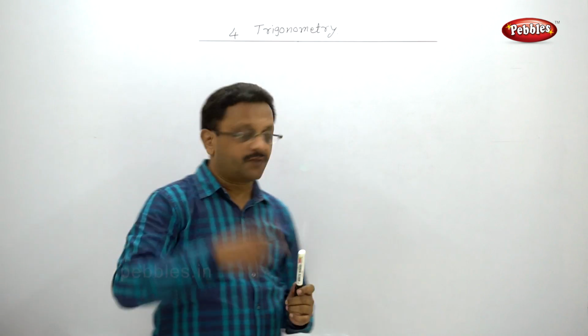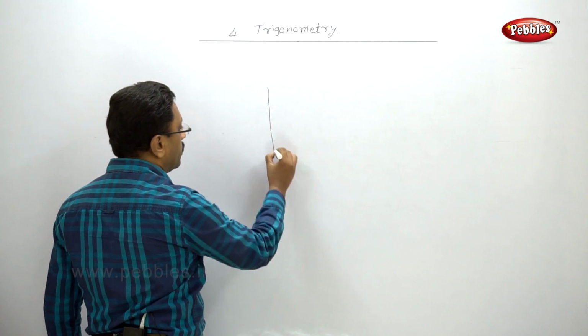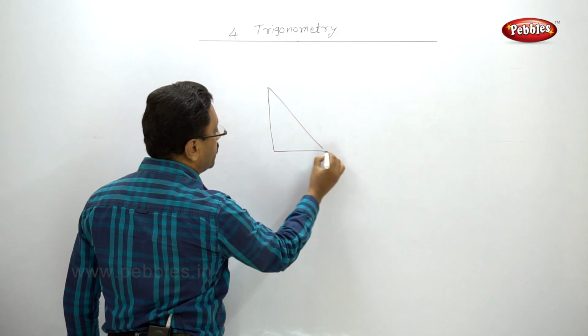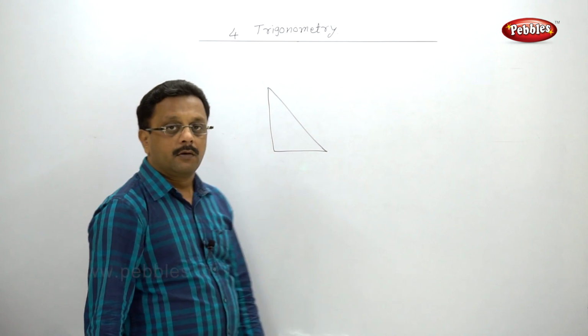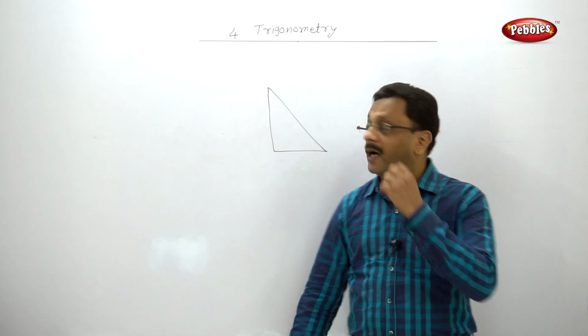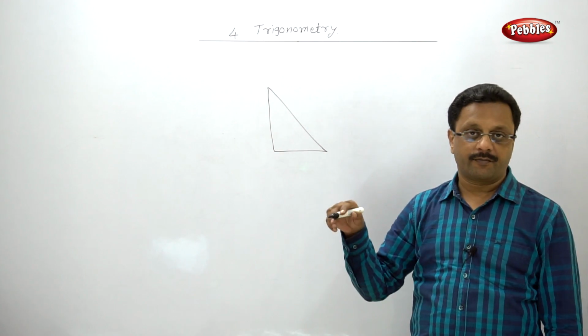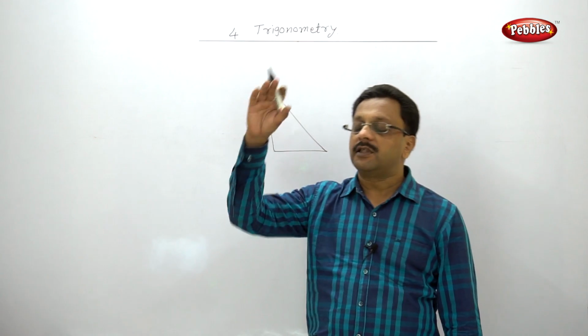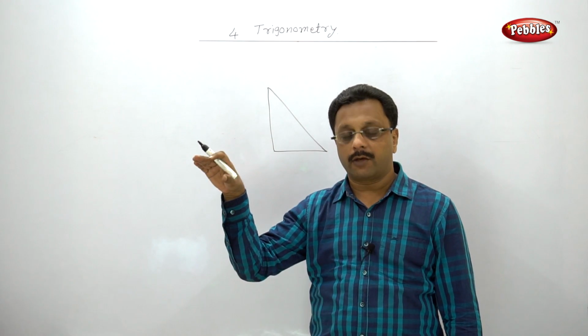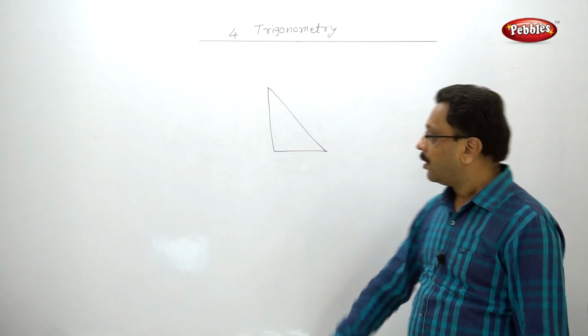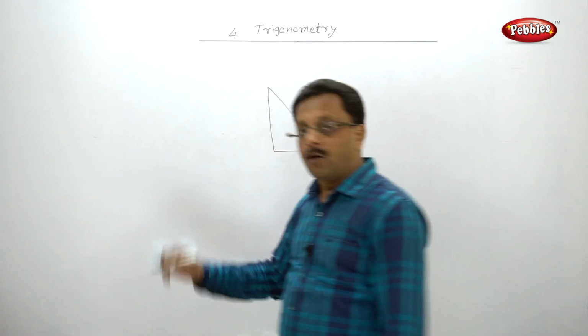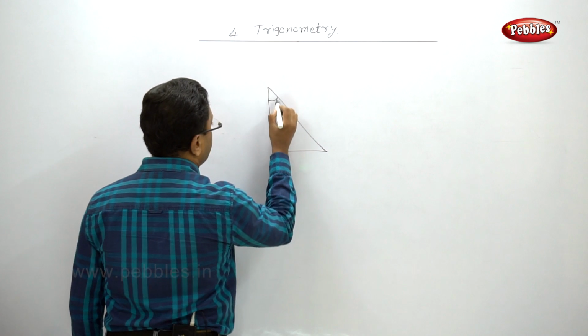Which figure? The first figure you have to draw, do along with me. In front of your eyes, see this right angle triangle. Close your eyes and just see this right angle triangle. Now see the top angle as 30 degrees.